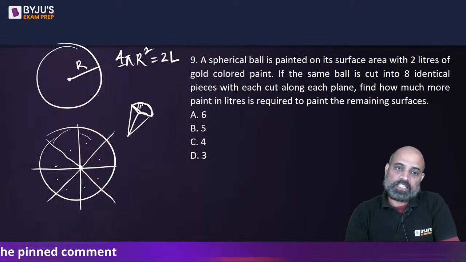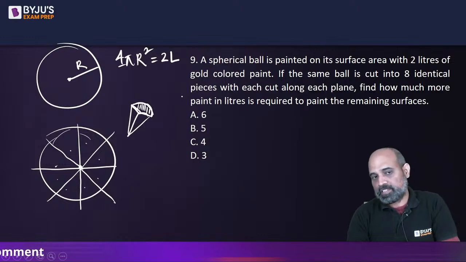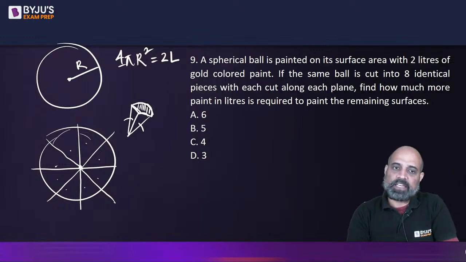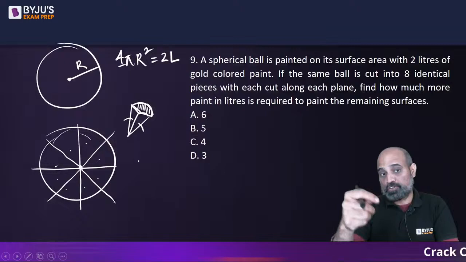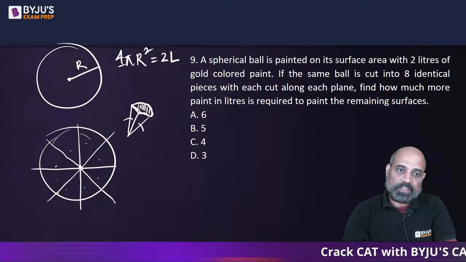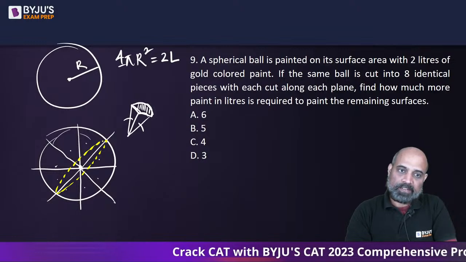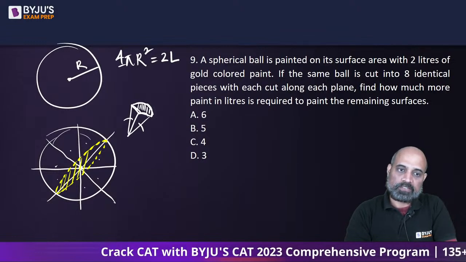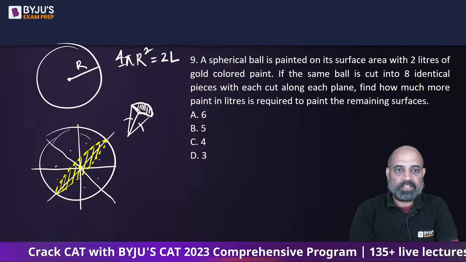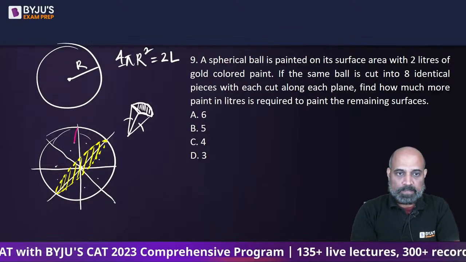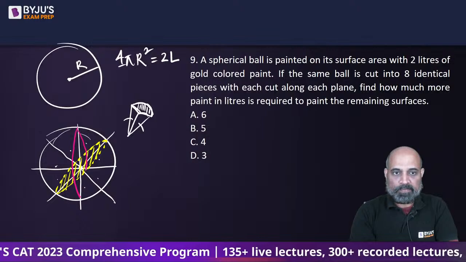So this surface is already going to take 2 liters. Can we say the extra area will be the areas that we will get from the inside cut? Well, if I look at this particular plane, this will include one circle, right? Similarly, this particular plane will bring me another circle.